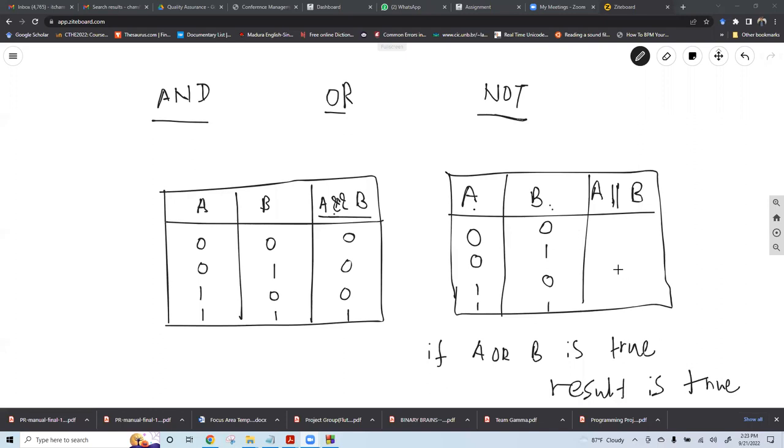So here, in my example, if one of your friends got money, you will get a kottu. The only time you don't get kottu is when both of your friends don't have money. Both are zero, then only this one is zero.